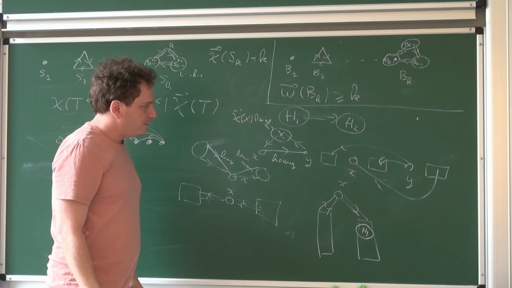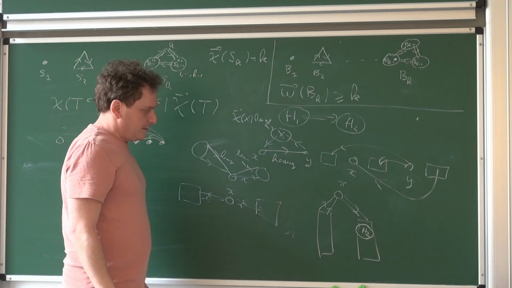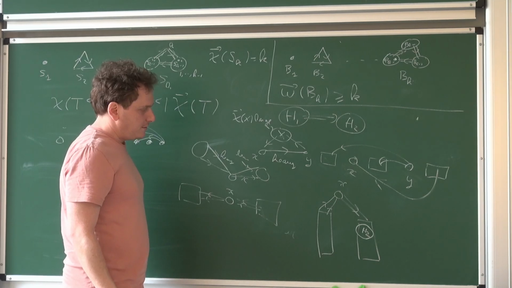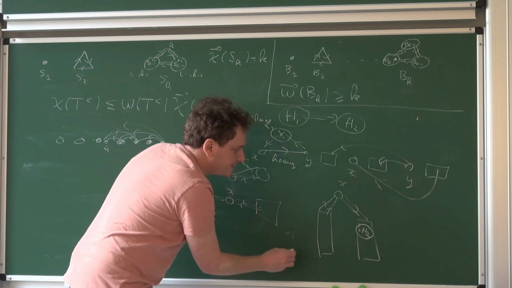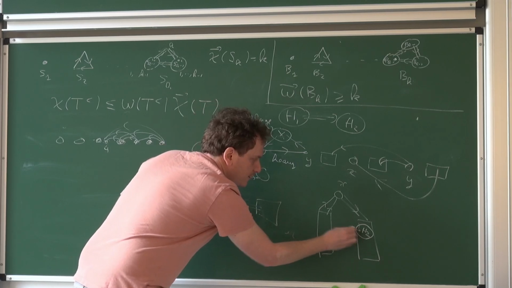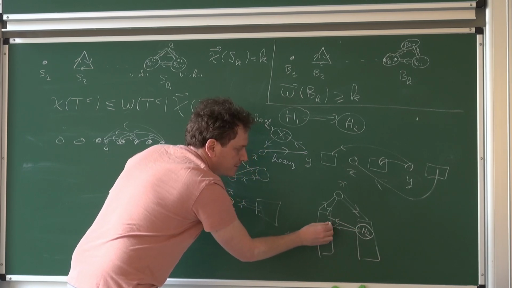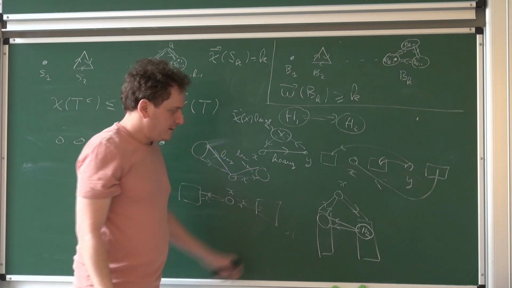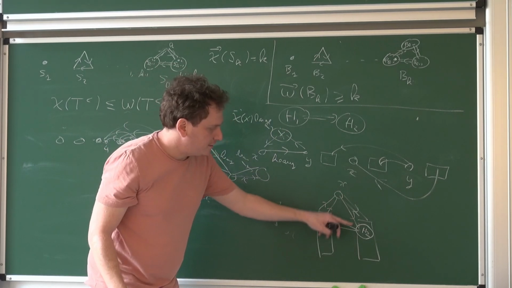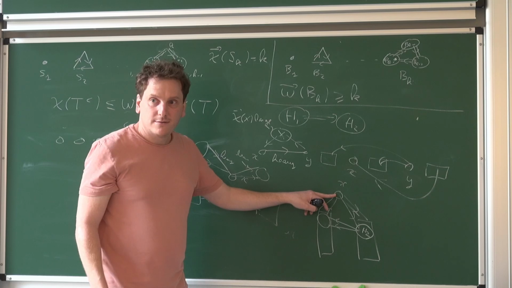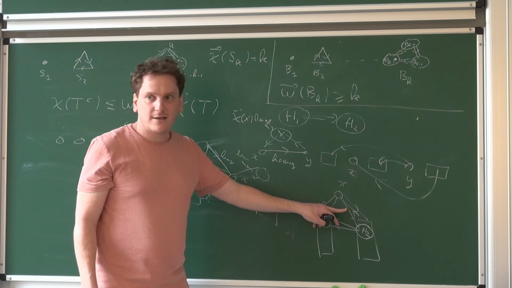Now let me take H2, I think. Okay, we'll see. So those two have large dichromatic number. Look at the out neighborhood of a vertex in here. Its out neighborhood here is contained in this and forms a triangle like this. So it has small dichromatic number, because it's the neighborhood of this arc and this arc is light.